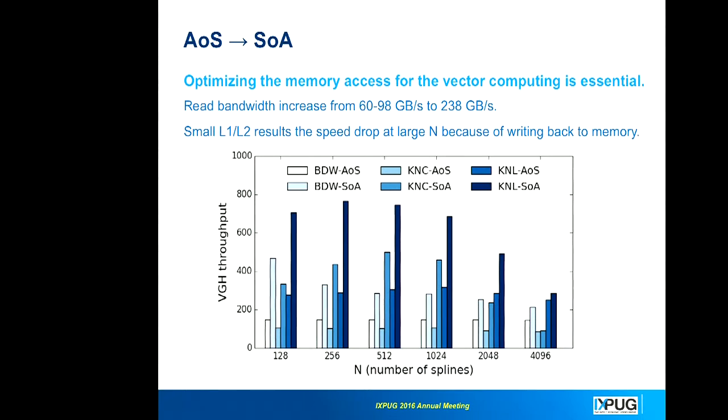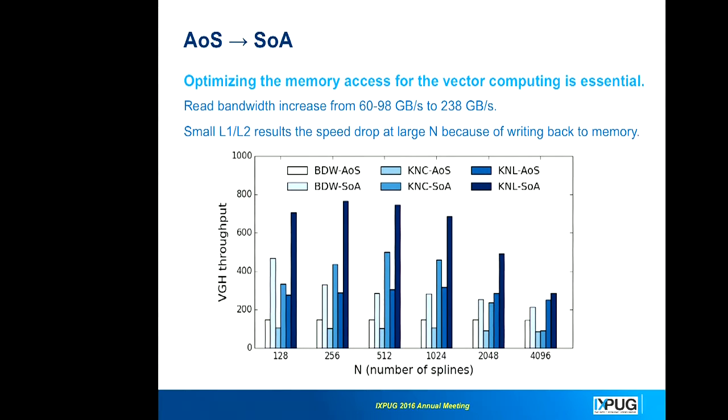There's one thing I have to point out. You might notice it's great, but as we increase the last dimension, the number of orbitals, or number of splines, the performance degrades dramatically here. On most of the systems, like the regular Xeon, it's less bad, but on KNL or KNC, it's horrible.